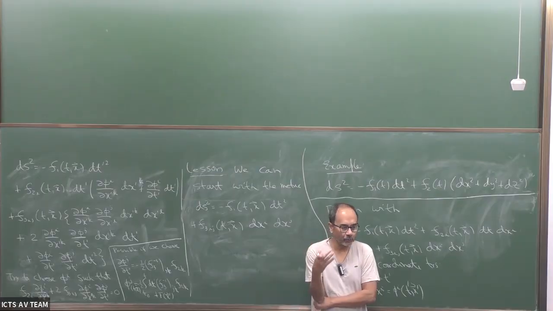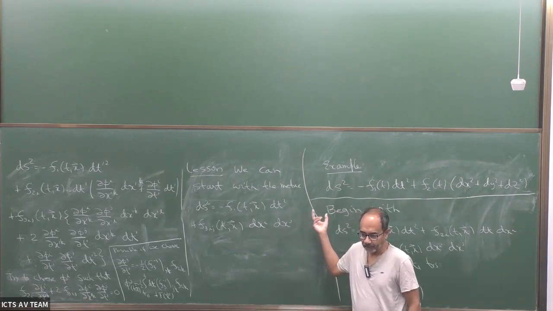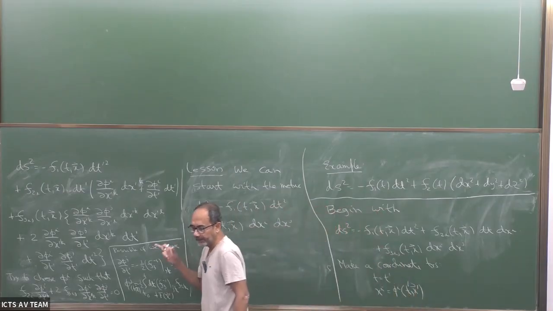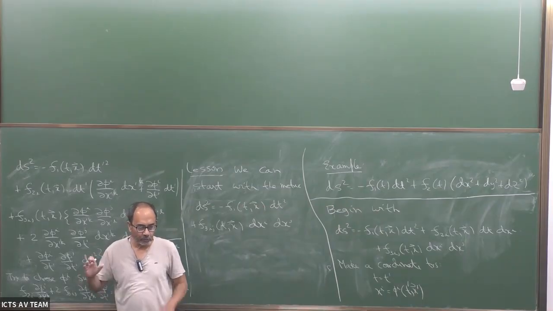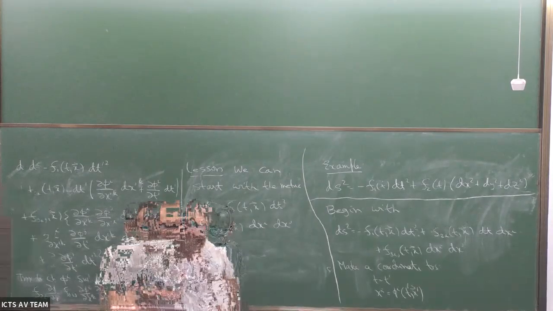This is like choosing a gauge. What we have done is we have set 3 functions equal to 0, not 4 functions. And the reason is that T is something special. There is a cosmic time, and we don't want to touch it at this stage. We don't want to make T into an arbitrary function of x prime and t prime.